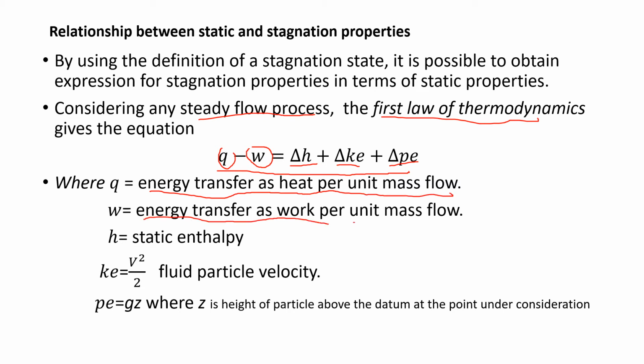Here H is static enthalpy, KE refers to the kinetic energy, v square by 2, of the fluid particle velocity, and PE refers to potential energy, that is gz. We are considering this equation per unit mass, where z is the height of the particle above the datum at the point under consideration.